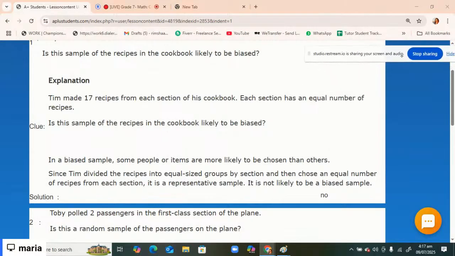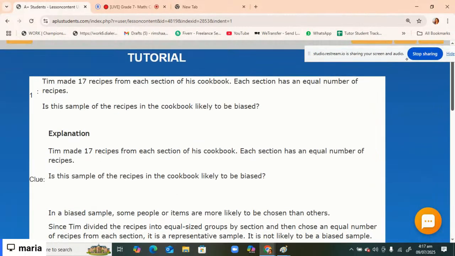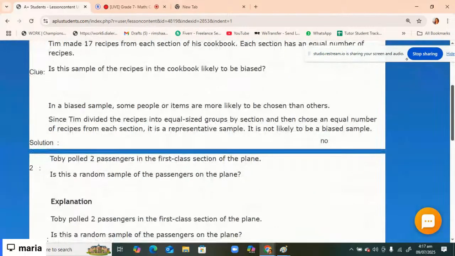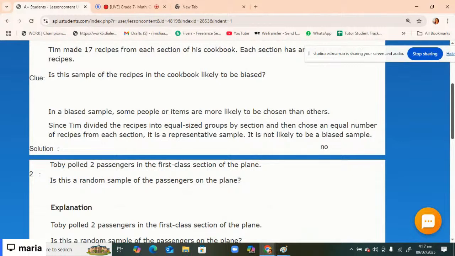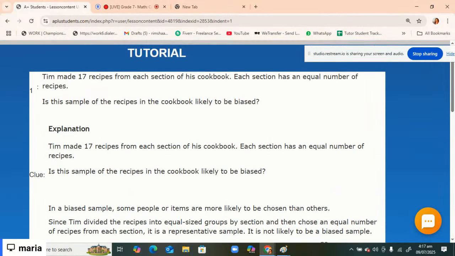Each section has an equal number of recipes. So now, is it a biased sample? Look at here. 17 recipes of each section of his cookbook. So we can say that it's not biased, it's representative. Okay, because it's biased if the chosen numbers are not equal. So this is basically representative because 17 recipes from each section of his cookbook, so each should be representative.